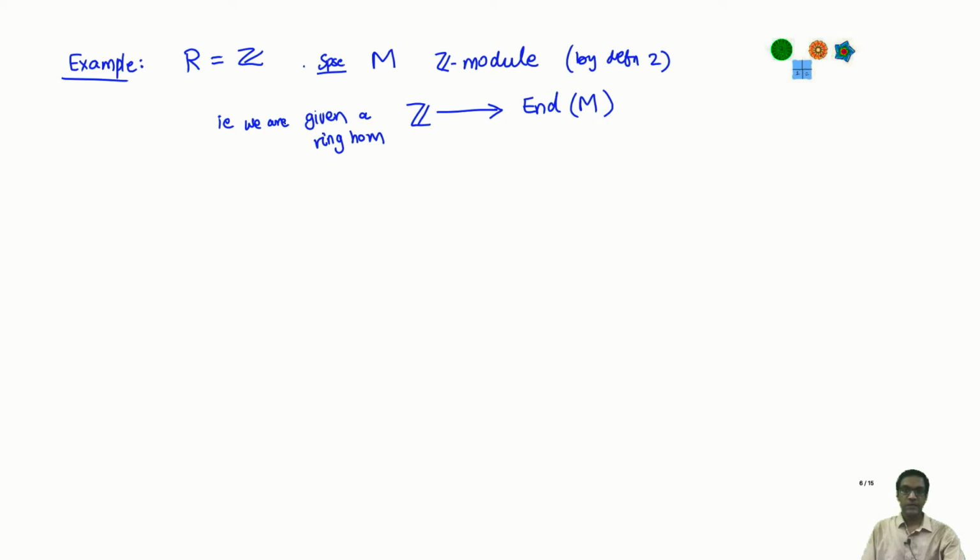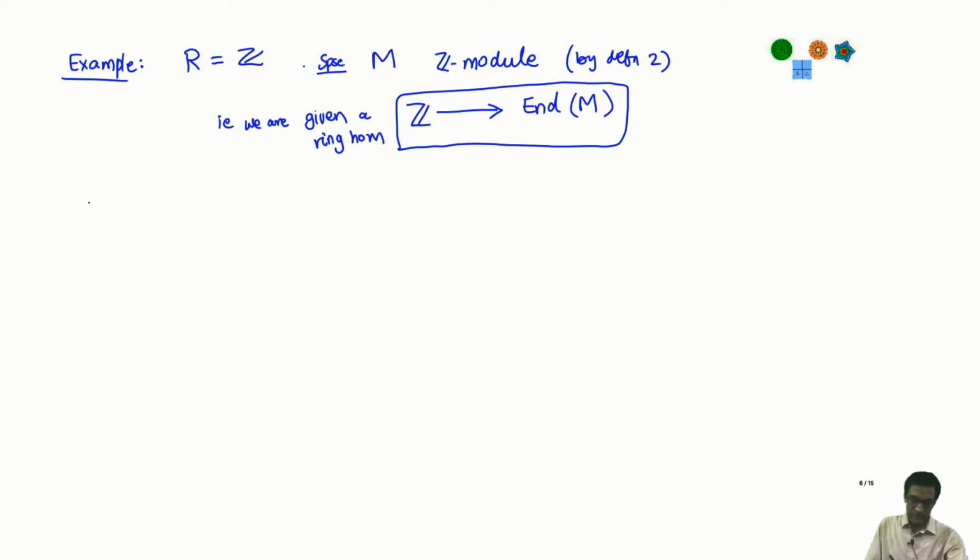Now observe, last time we figured out that according to definition 1, there is just one Z module structure you can give on an abelian group. You can't really make it a Z module in any other way. Now what that translates to here is that if you're trying to construct a ring homomorphism from the ring Z to the ring End M, well, then there is actually a unique ring homomorphism. You cannot find two different ring homomorphisms from the ring Z to the ring End M. Okay.